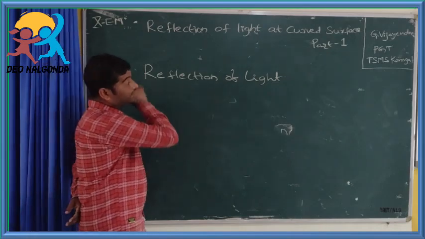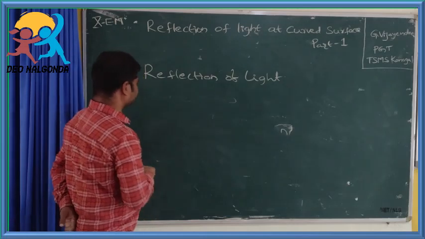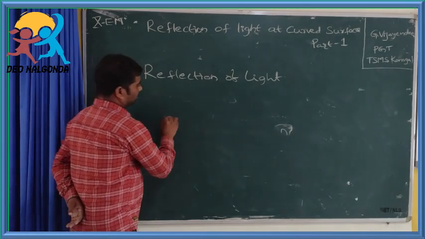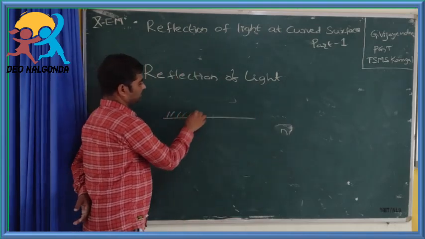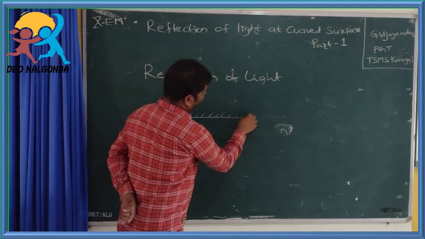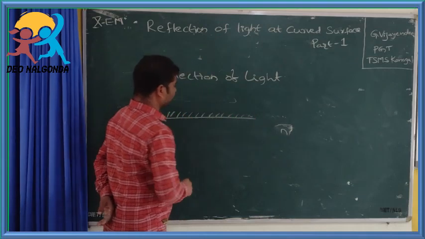This is the reflection of light at a plane surface. Here, this is the plane surface, and this is the reflecting surface.